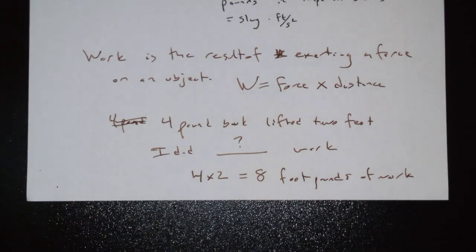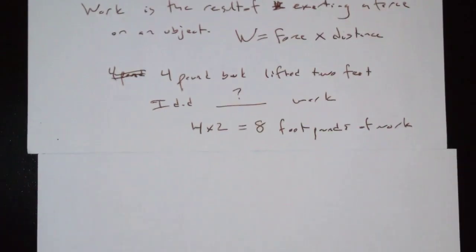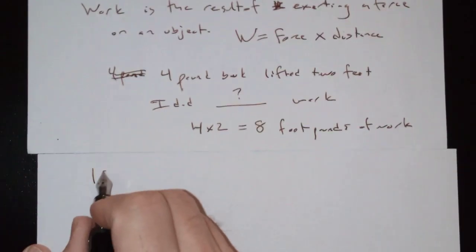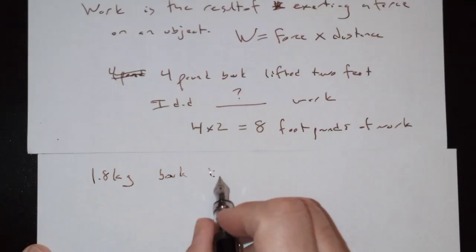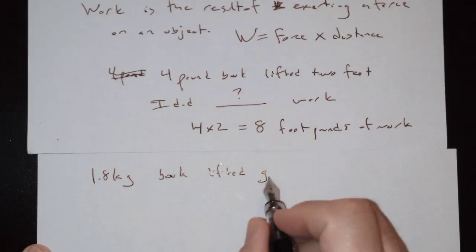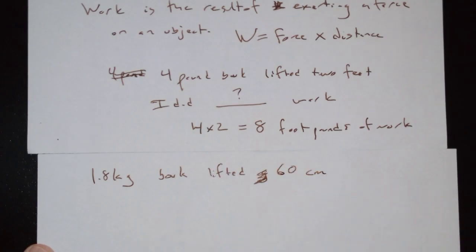Now, if I'd done this entire problem in kilograms, 4 pounds is roughly 1.8 kilograms. 2 feet is roughly 60 centimeters.